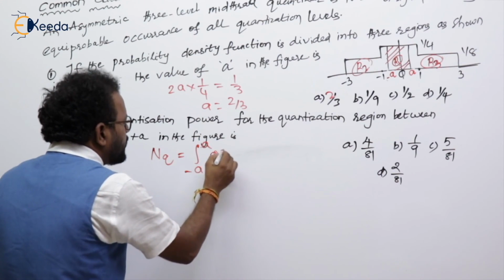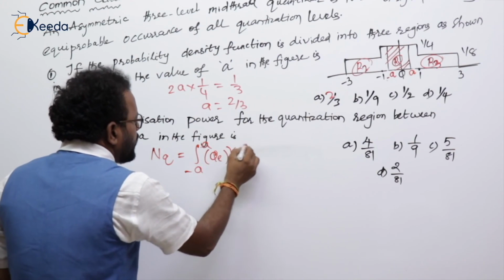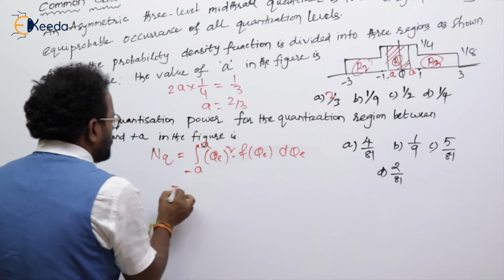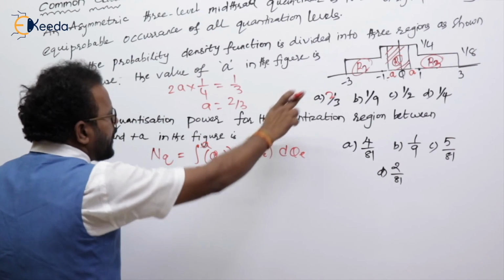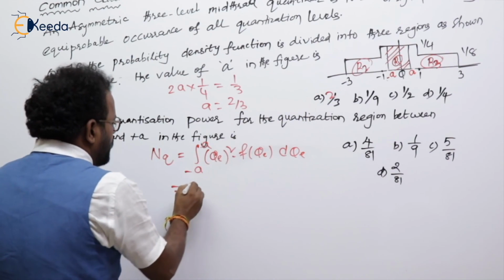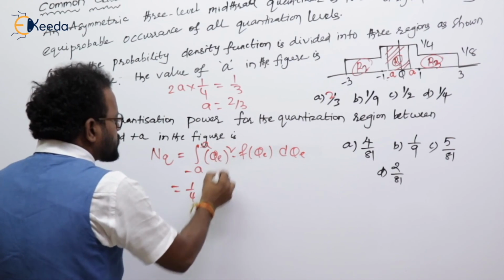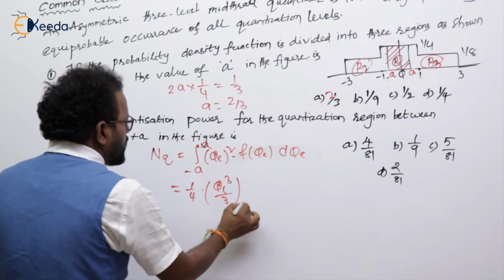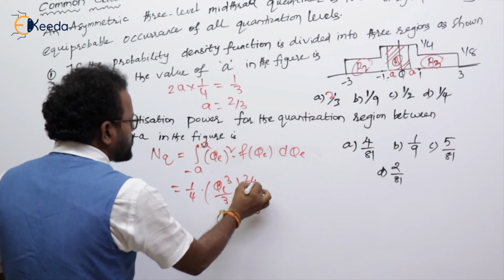Power is nothing but QE square into F of QE dQ. What is the F of QE value between minus A to plus A? 1 by 4. QE square integration, QE cube by 3, limits are from minus 2 by 3 to plus 2 by 3.